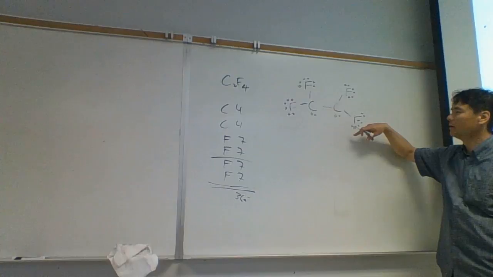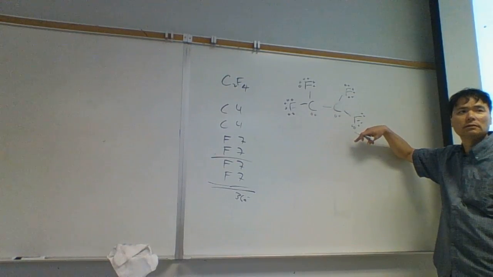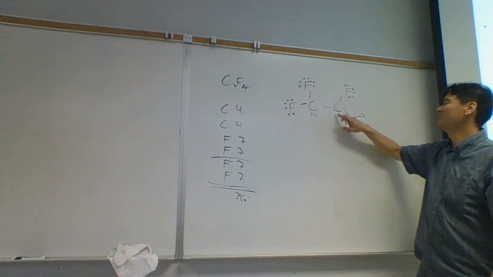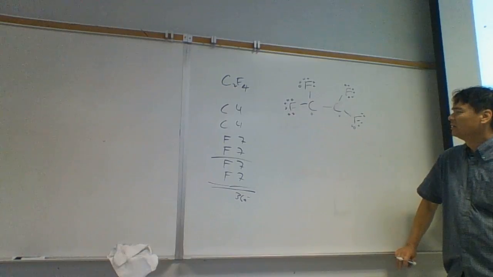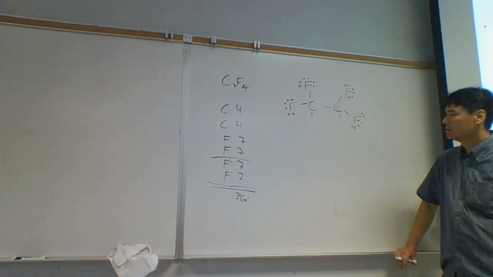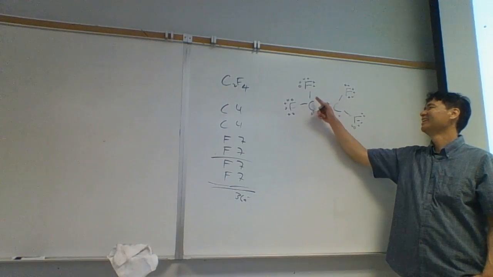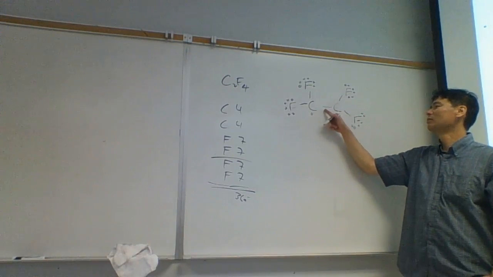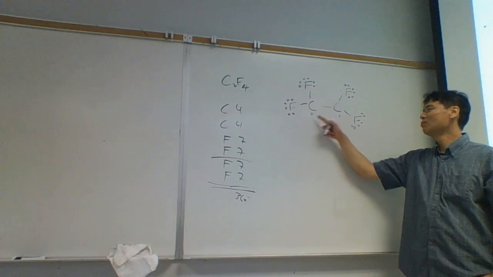Where are we missing electrons? Oh, you know why? I forgot to count these. 32, 34, 36. No, that's right. So I have 2 electrons, let's give 1 each to carbon.